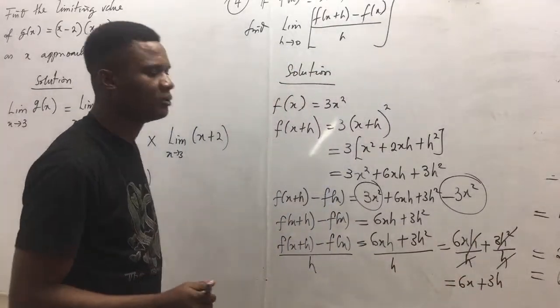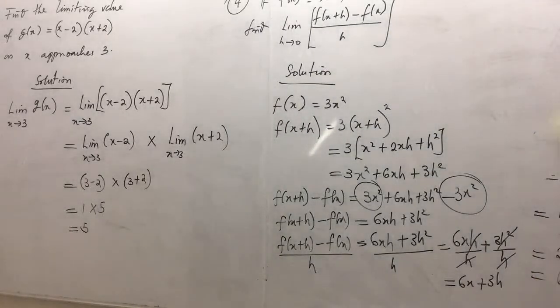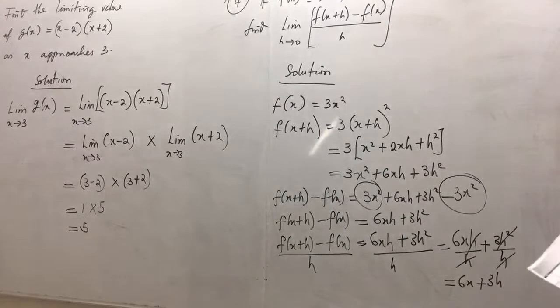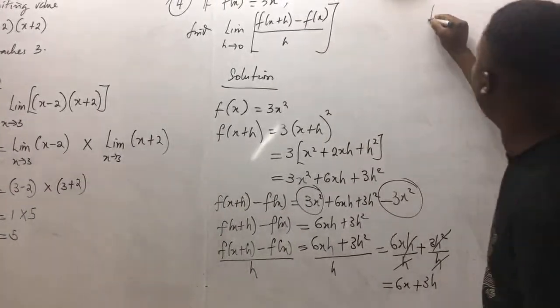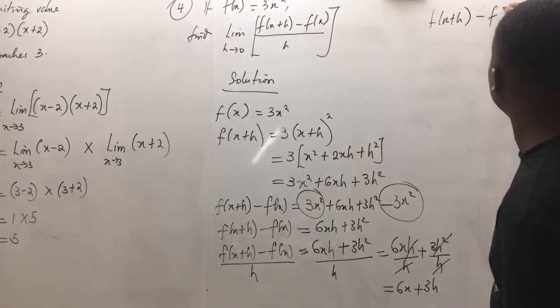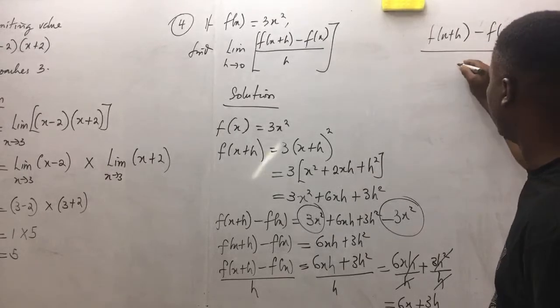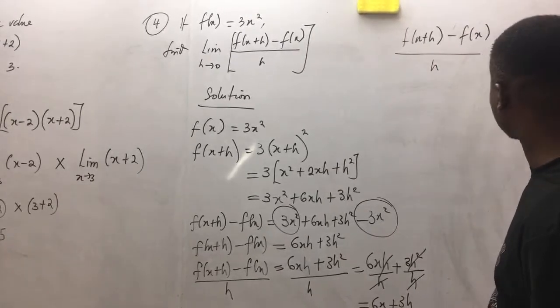So what have I done? I have obtained an expression for f of x plus h minus f of x, all over h. So what is that expression we've obtained?